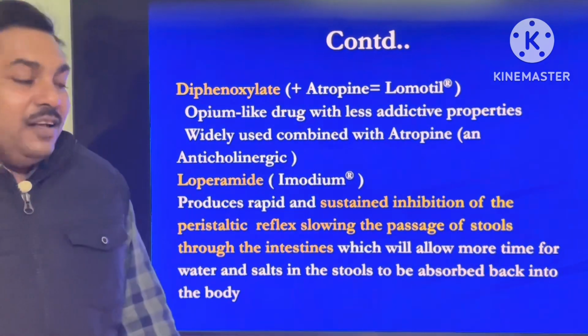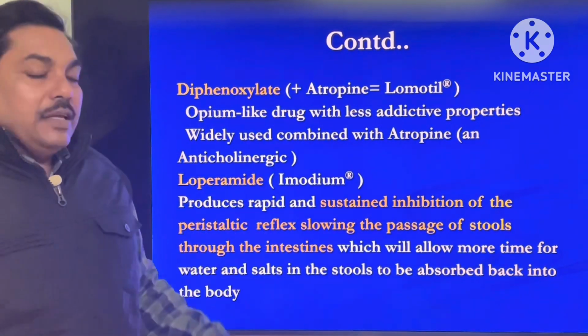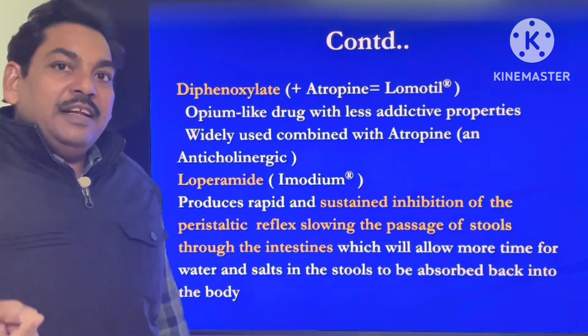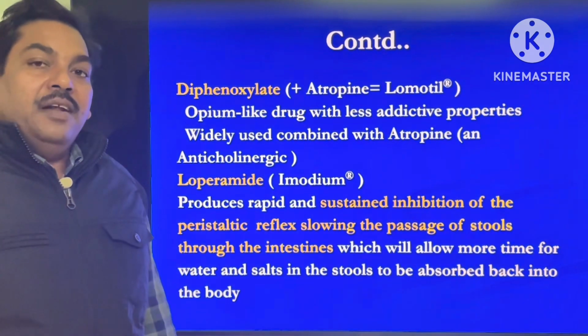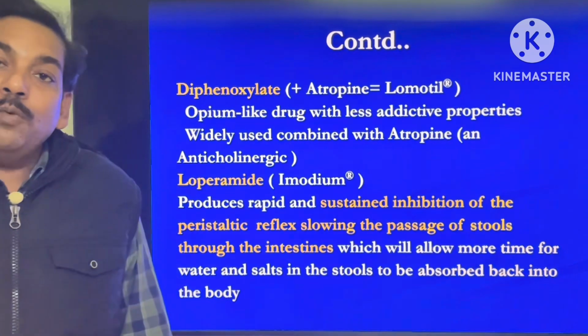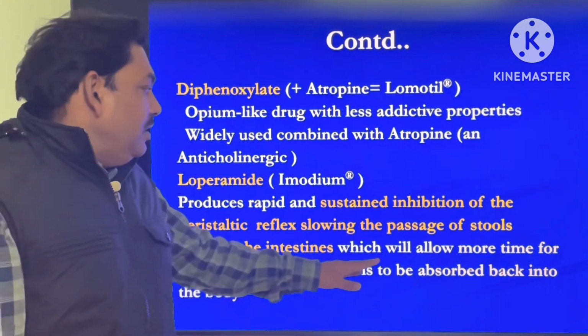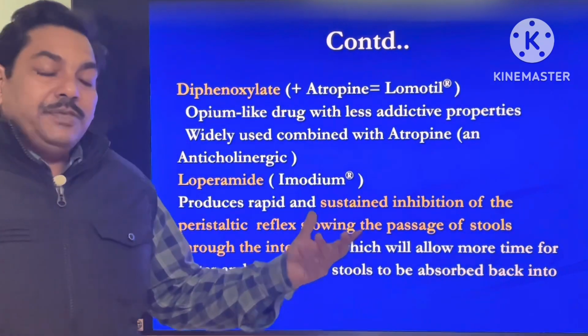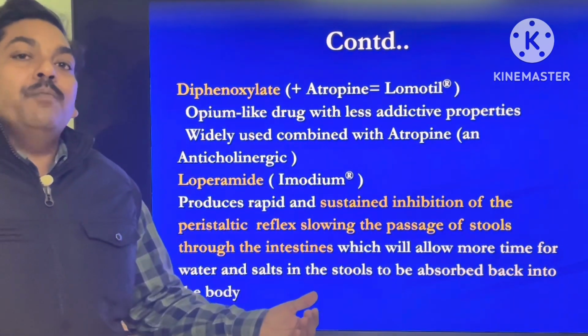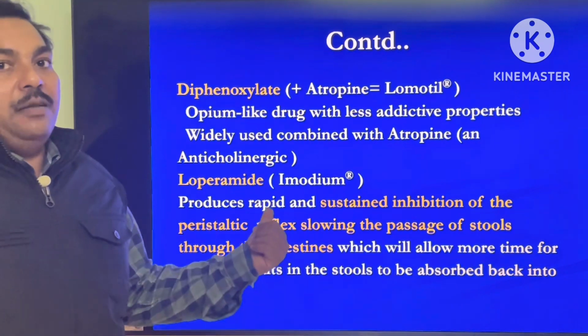Loperamide is a good drug that produces rapid and sustained inhibition of peristaltic movement. If they inhibit peristaltic movement, it means diarrhea is reduced by allowing more time for absorption of fluid and water back into the body.